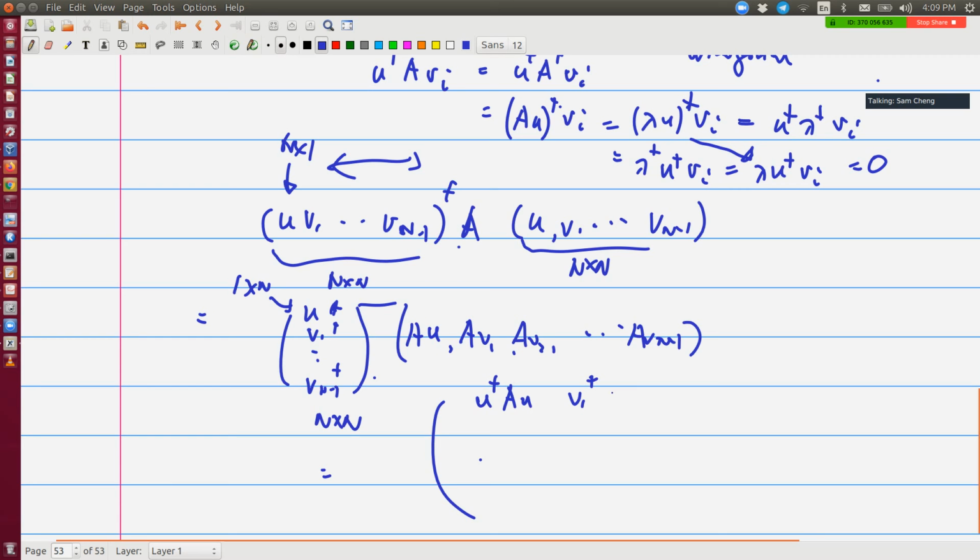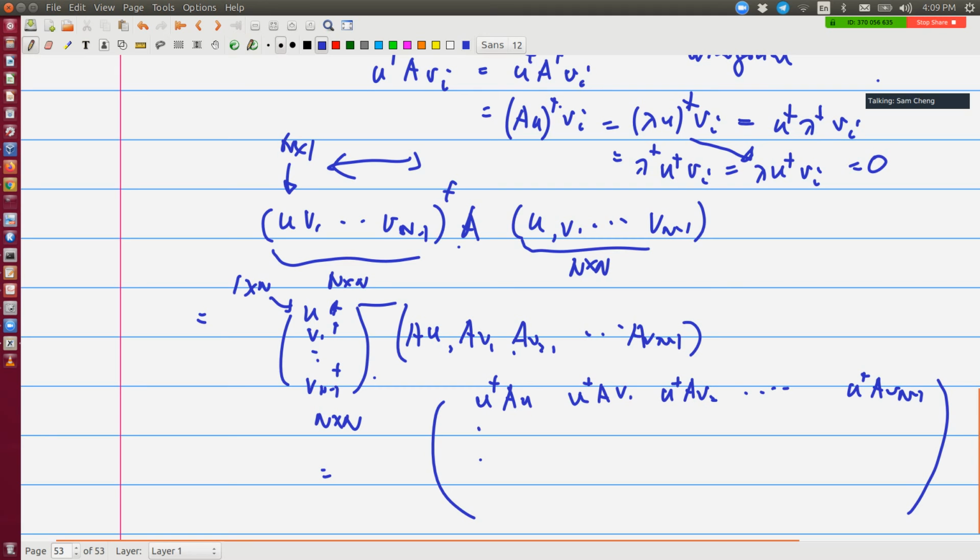V1 Hermitian A. Wait a sec. Wait, no, I'm sorry. Here I made a mistake. U Hermitian A V1, U Hermitian A V2, and so on, right? And then U Hermitian A V(m minus 1).